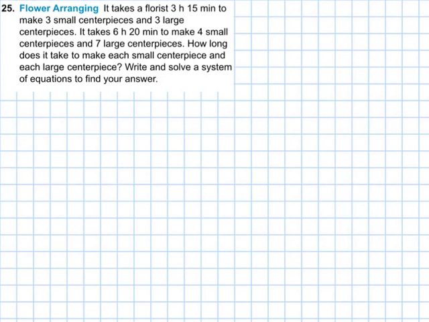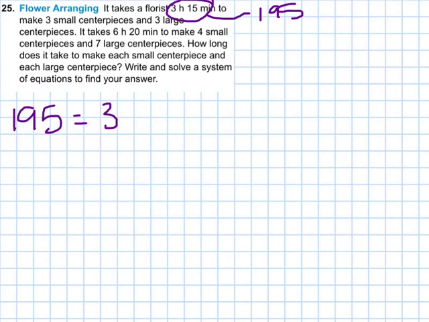So 180 plus 15 for this first one will give me 195 minutes. So in 195 minutes, they have 3 small centerpieces plus 3 large centerpieces.